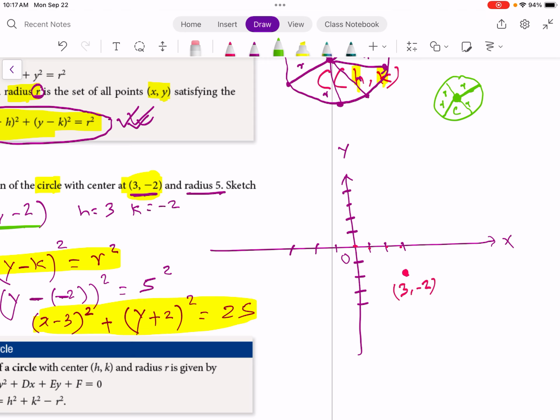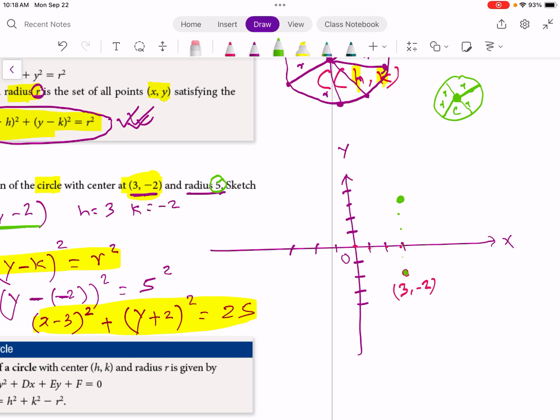Now since our radius is 5, let's find a few more points. From this point, let's go 5 units up, because 5 is the radius. So 1 2 3 4 5. So we have 1 point here.